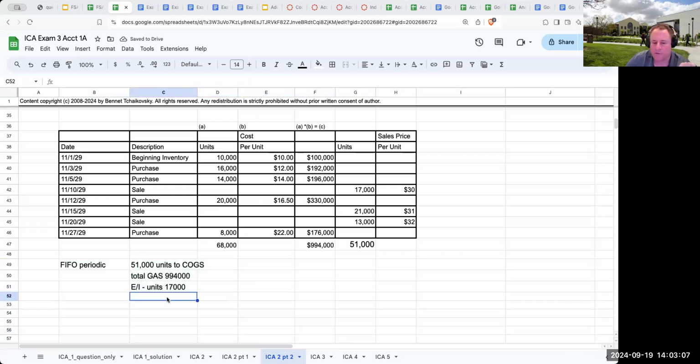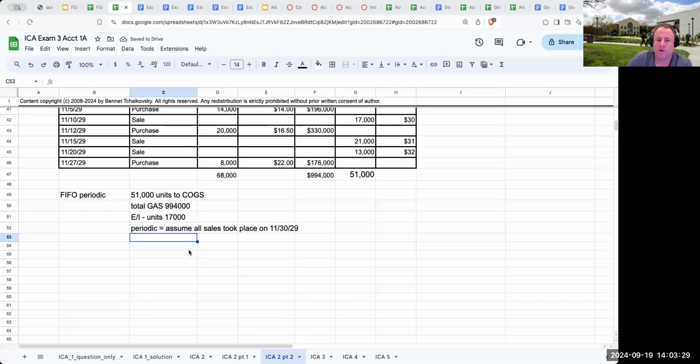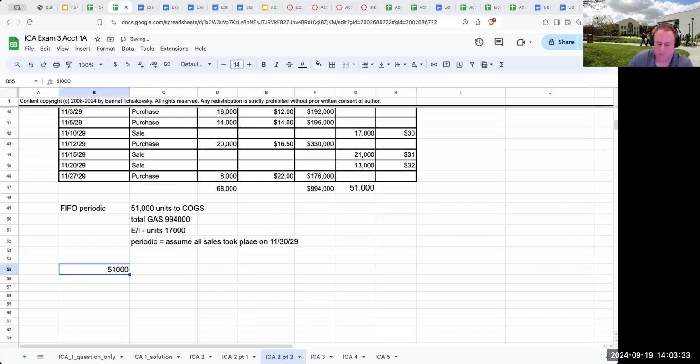So FIFO, first in, first out, with periodic, we assume all sales took place on 11/30/29. They all take place at the very end of the month. So 51,000 units to cost of goods sold.